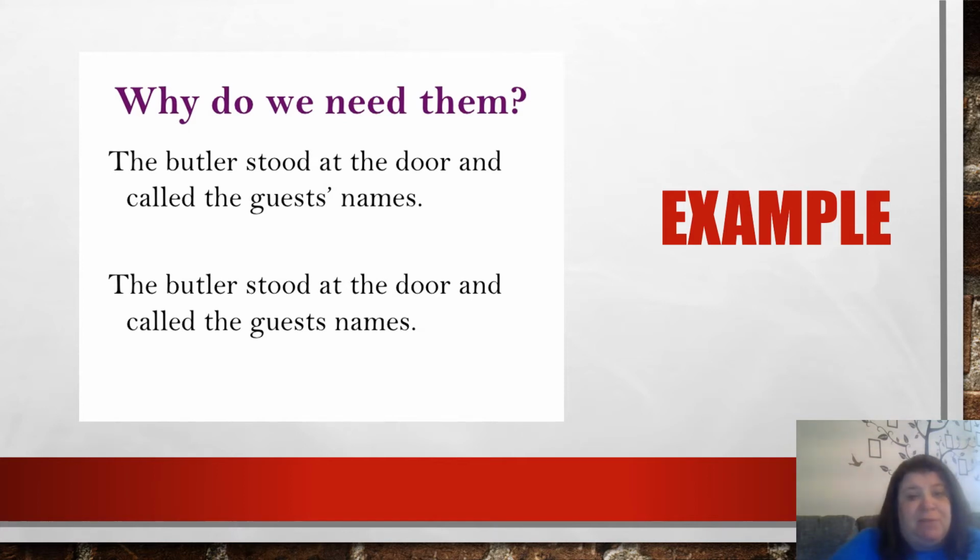So it makes a difference where they place that apostrophe. You wouldn't want to have the butler calling the guests names. You wanted him to call the guest's name, to introduce them, to announce their arrival, but we don't want him picking on them and calling them names.